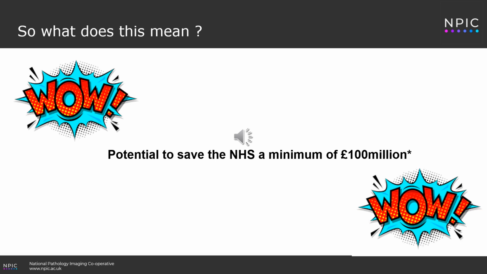What this also means is we have the potential to save the NHS a minimum of £100 million. And that's purely based on the fact that each hospital would otherwise procure their own little digital pathology system, their own infrastructure, and their own storage. We've excluded the scanners because typically all sites will need to procure scanners if they were connecting into a national solution or if they were procuring their own local or regional solution.